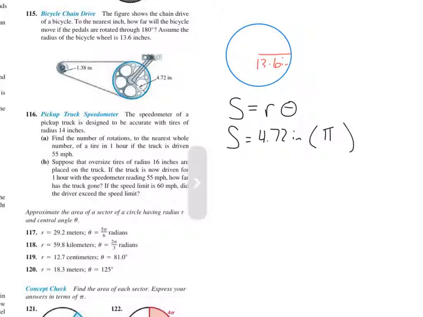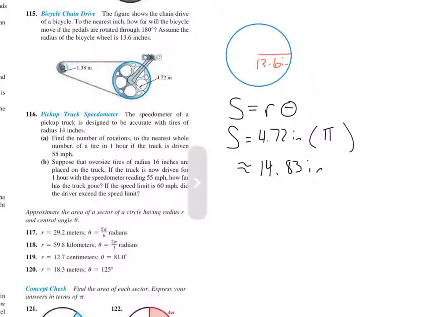We can't put degrees into the formula. So 4.72 times pi is approximately 14.83 inches. With a half turn of the pedal, the front gear turns 14.83 inches.